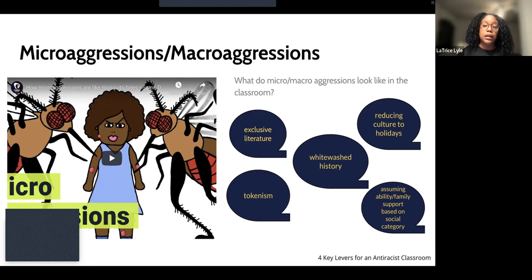And we saw that the white 18-year-old man who committed that heinous act had this manifesto where he had planned it. He wrote out how he felt about Black people. And he just completely wrote out his plan, right? So that would be a macroaggression.